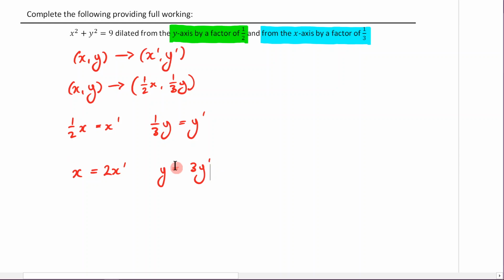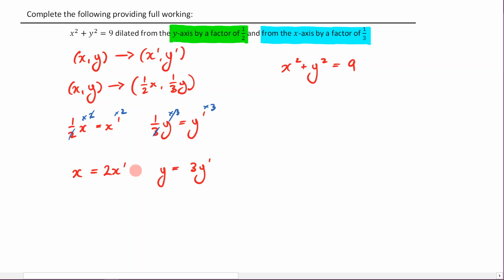Just in case you're confused as to how I did that, what I did here is I simply timesed it by 2, which cancelled those out, and I'm timesing that by 2. Here I times it by 3, times it by 3. That's going away. That's how I'm getting 3y there. Then once we have these fantastic equations, we remind ourselves of the graph we're dealing with, the original one, so this one right here.